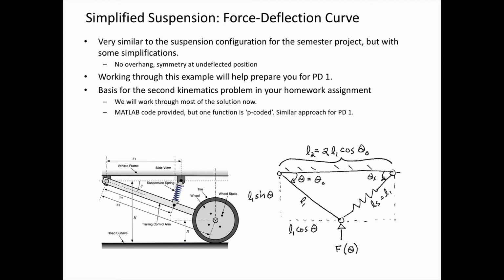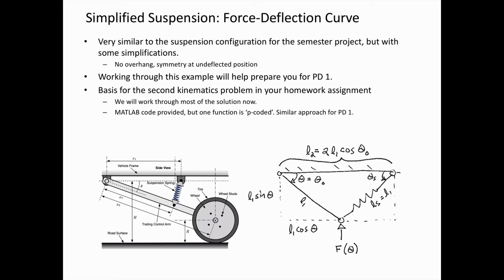So you can use this P-coded function. You can see what the force deflection curve is, but you can't see inside the P-coded function. So your job is to derive what should go into the P-coded function, and you can use the P-coded function given to you to verify that what you derived is correct.